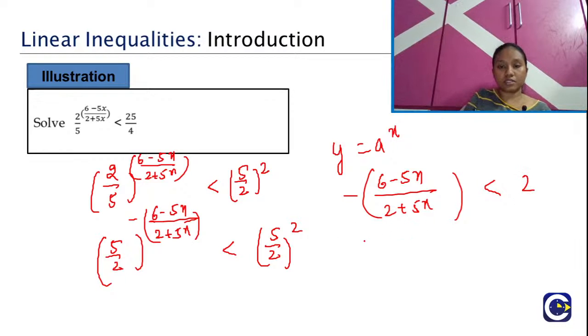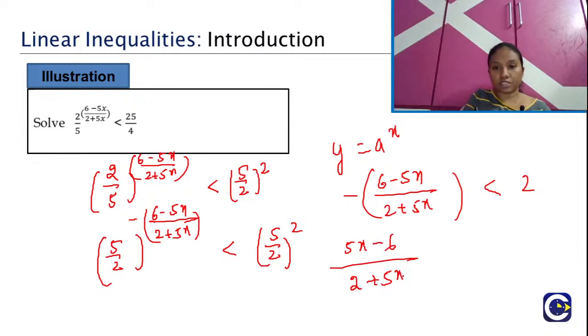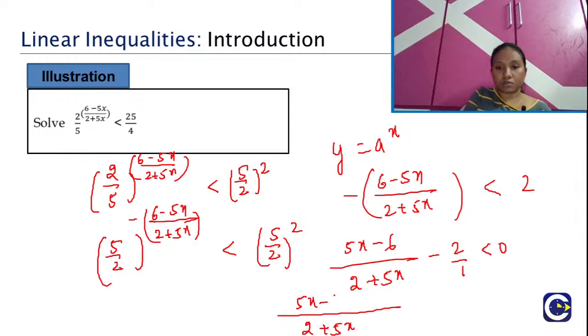Right, so let's simplify this. So 5x minus 6 by 2 plus 5x minus 2 by 1 less than 0. Let's take the LCM here. So 5x minus 6 minus 2 into 2 plus 5x, so minus 4 minus 10x, less than 0.